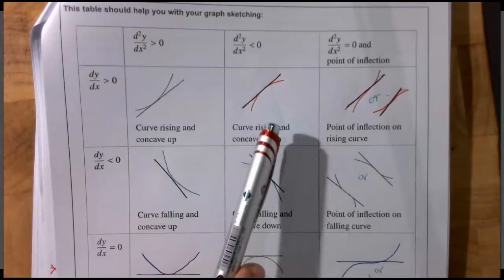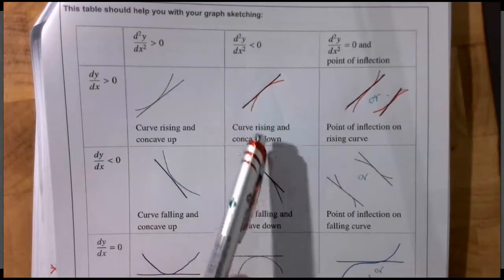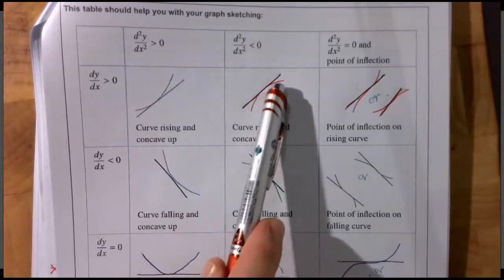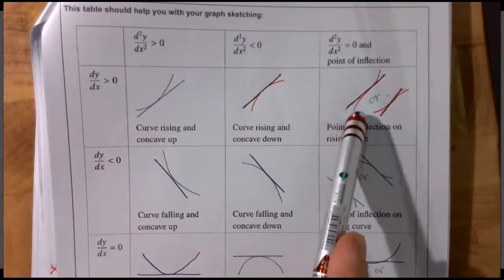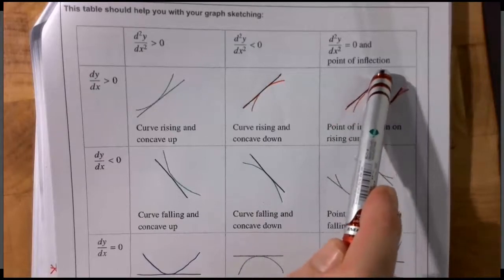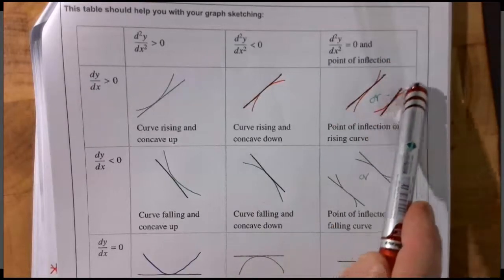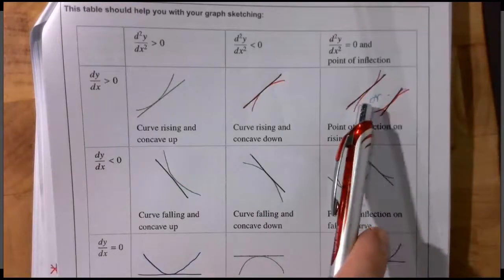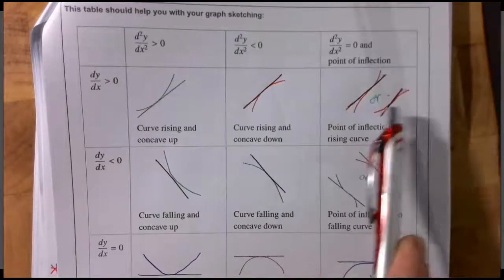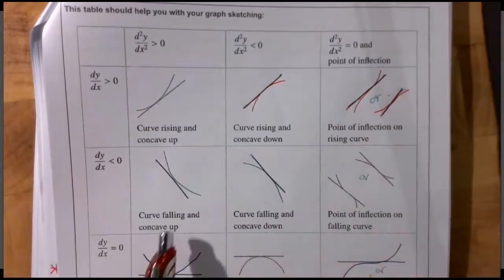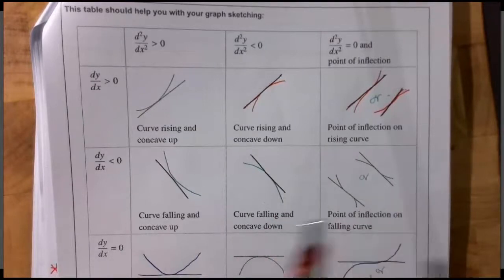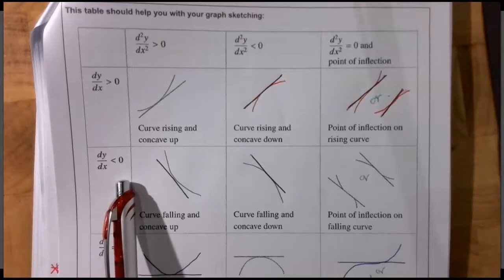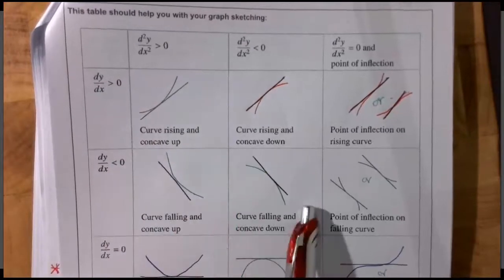Because those are tangent to the curve, that means that in the case where d2y by dx squared is less than 0, we must have the curve rising and concave down, whereas the points of inflection must come through that tangent, but they can bend in 2 directions, either moving from concave down to concave up, or concave up to concave down. Filling in the gaps down here, we have a very similar thing, but dy by dx is negative, so that means we're sloping down.